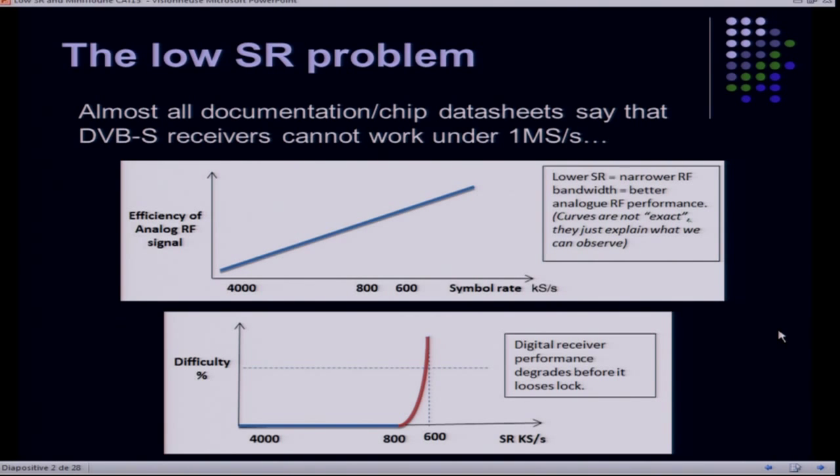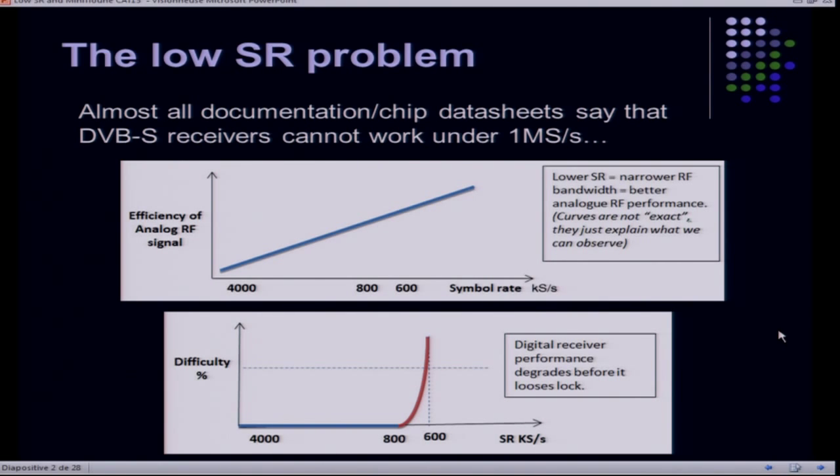Because when we are using a set-top box or any kind of receiver, you can receive, and sometimes you don't receive anymore. If you lower the symbol rate, the receiver cannot receive anymore. Some receivers cannot receive under 1,500 kilosymbol. So we put them away.